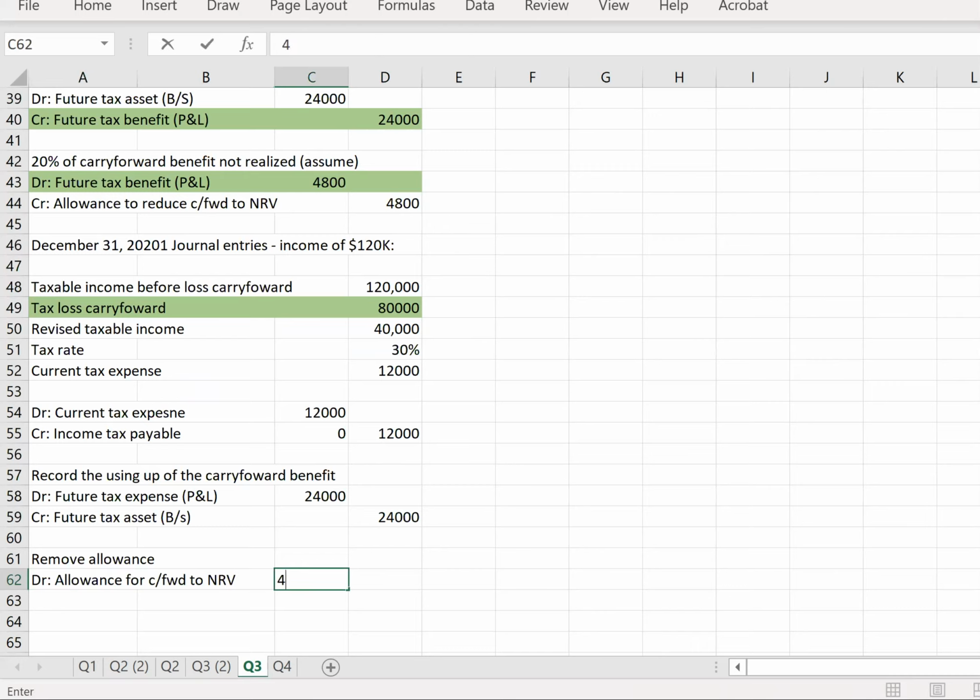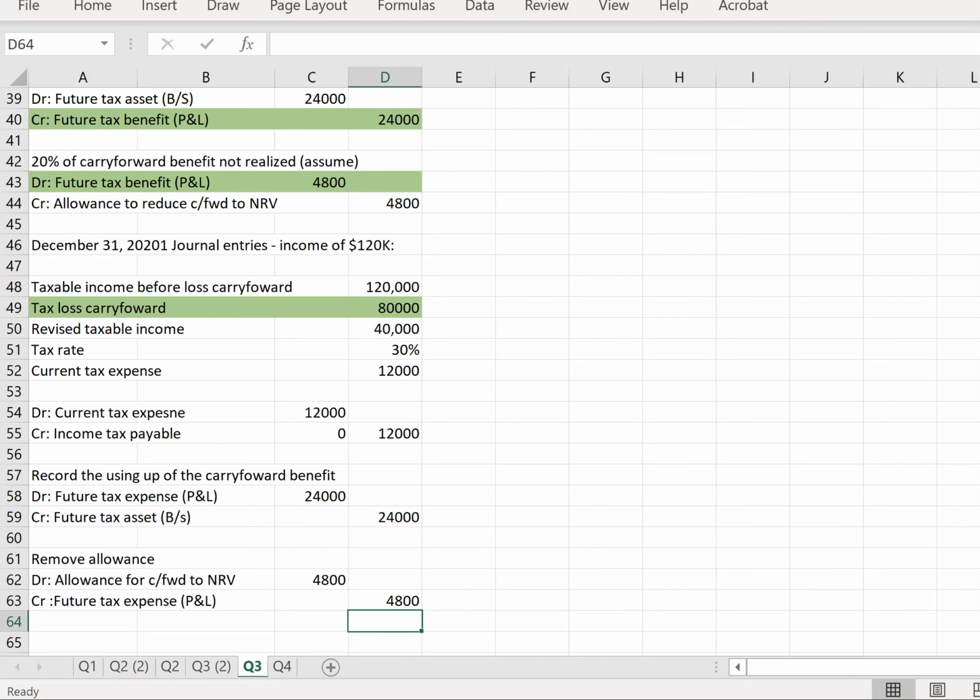We're just getting rid of the exact amount that we had put there. We're just clearing out our balance sheet. I'm really bad at spelling expense. So this is P&L, and the first one is obviously balance sheet. And there you go, those are our journal entries.